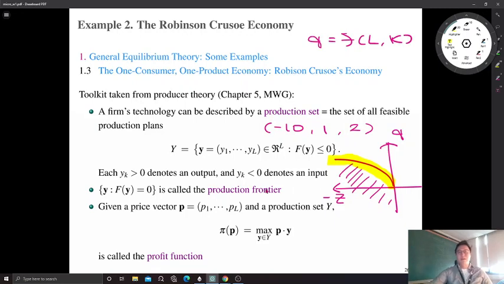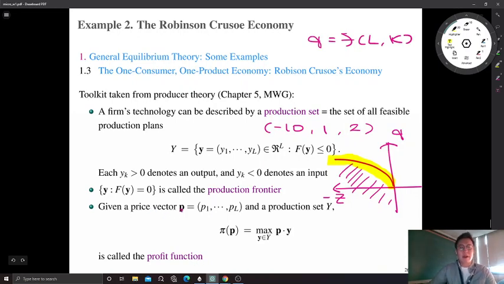Okay. So the shaded region denotes the set of all feasible plans, and the outside region is the non-feasible plans. All right. So with the production frontier, we can define the profit function.